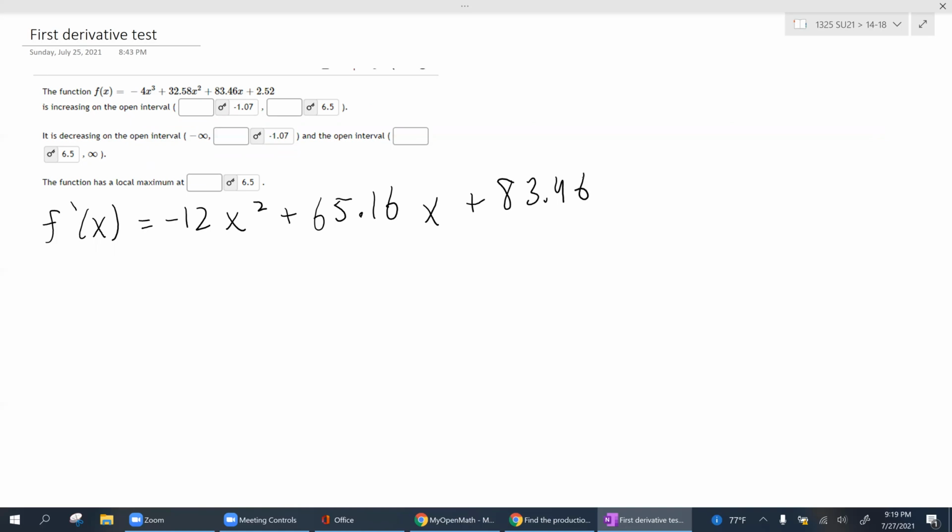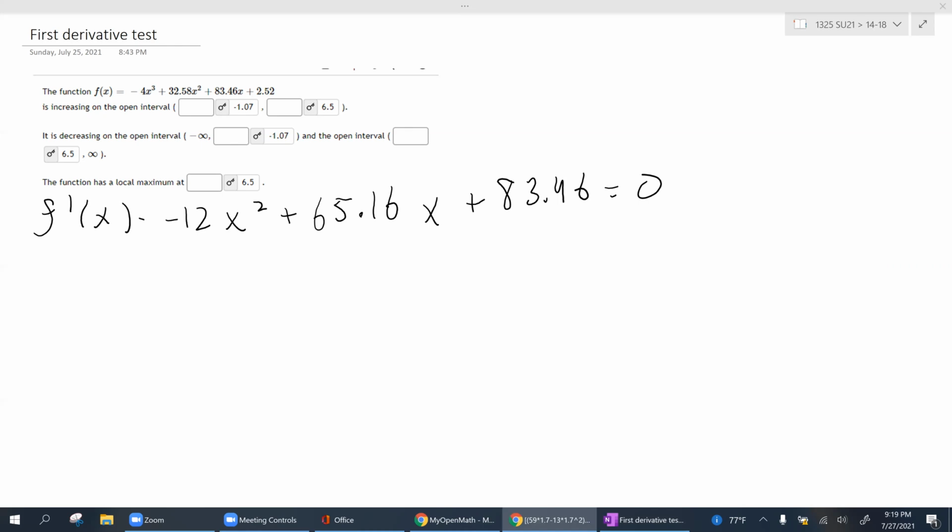What you need to do now is set this equal to 0. You get your derivative, you set it equal to 0, and you solve.